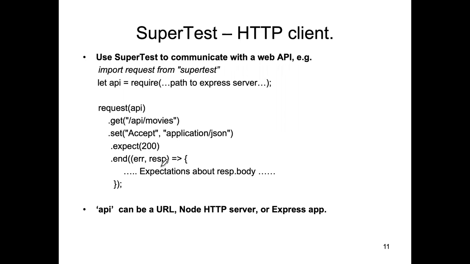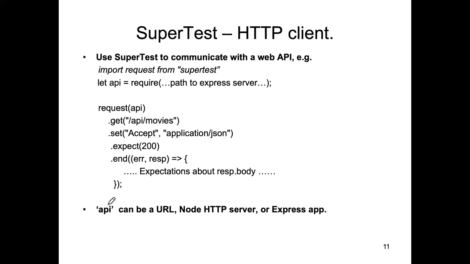And so presumably inside here, we are going to be writing expectation statements using the chai library this time to discover, does the body contain what we expect it to? So for example, in the case of a GET request to the API/movies, then inside here, we would check that we got the right movies back from the web API. And you'll see this in the lab.